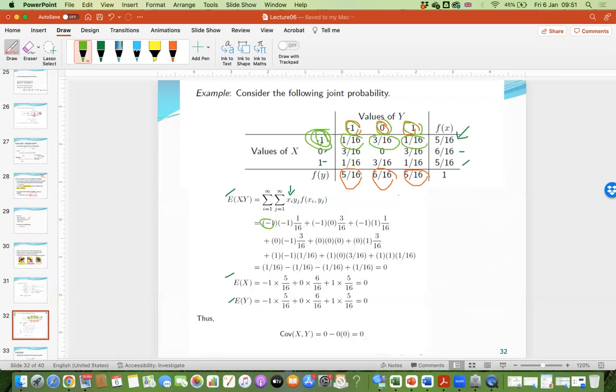In this condition, it's quite straightforward. We know that E of xy is the same as E. Sorry about this, my drawing pad is not working.